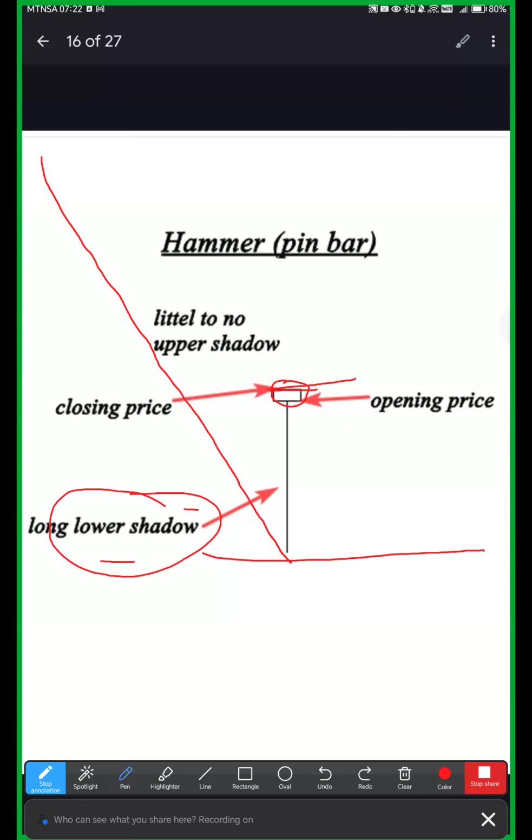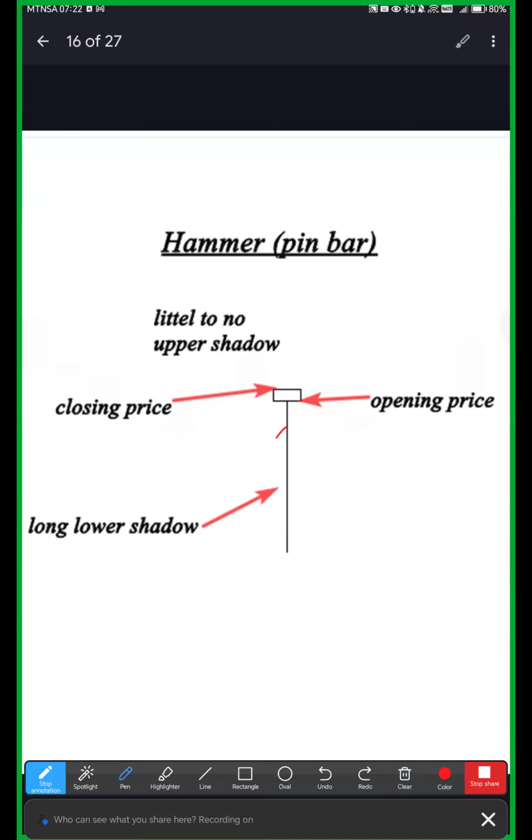It reaches this area called the support, and then buyers start to reject the price. They start pushing the price back to the open. So the presence of a long lower shadow signifies buyers' rejection, or bullish rejection.